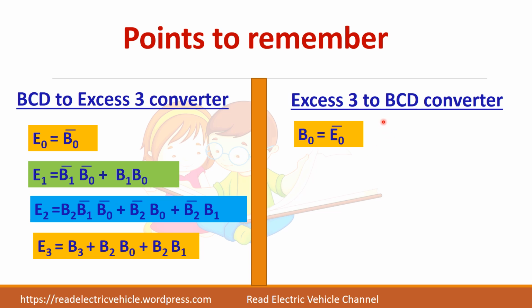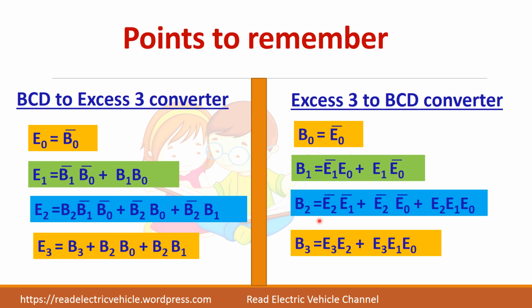If you see XS3 to BCD, the same term is coming here. E0 equal to B0 bar, here B0 equal to E0 bar. So the first one has similarity, whereas for the other, this is an XNOR gate whereas this is an XOR gate. Only a little bit of difference will be there, so it will be useful for studying.